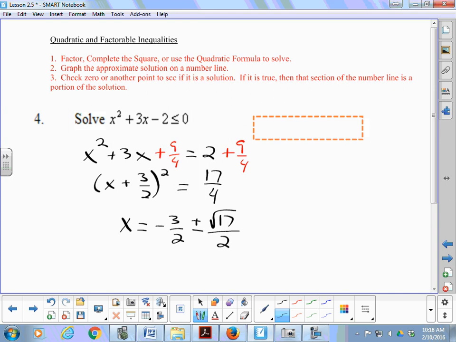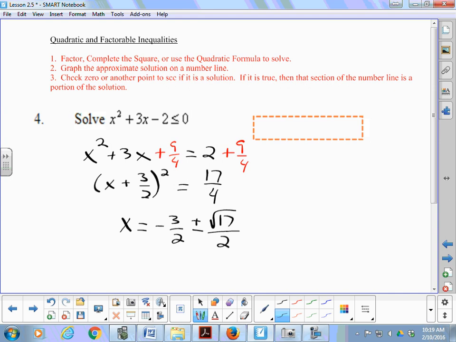Did I write it too fast, Molly, or you want the steps? Okay. All right, okay. Hey, you're welcome to do the quadratic formula. All right, so I took the square root of both sides and subtracted 3/2. These last two steps, soon you should just be able to visualize them and go there.